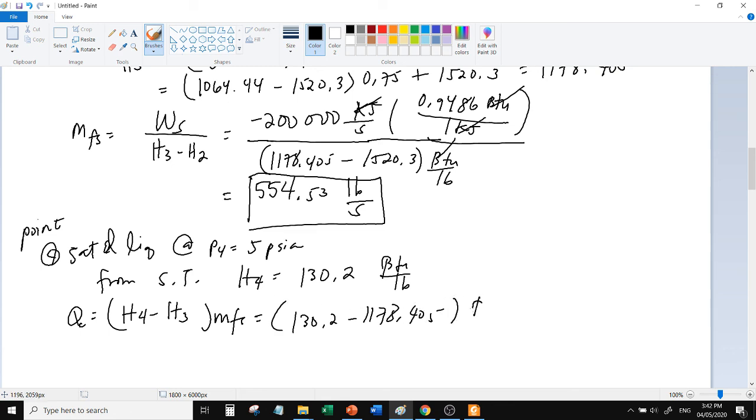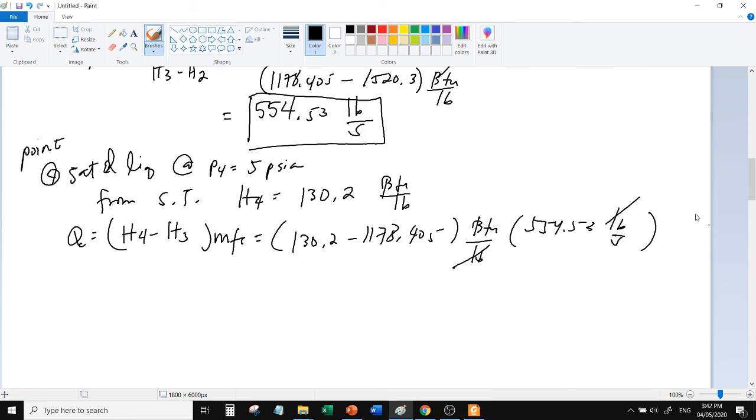Times the mass, so this is BTU per pound, times yung mass of flowing stream na 554.53 pounds per second. So, BTU per second, kukonvert ba natin sa kilowatt? Pwede hindi naman sinabi. Pero, sige, BTU per second na lang.